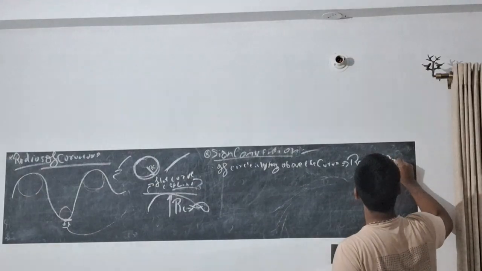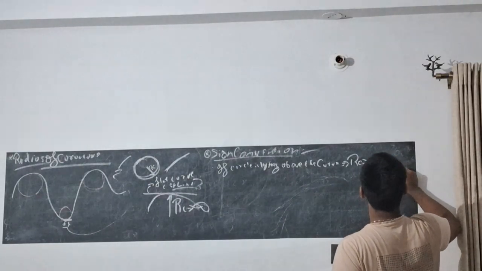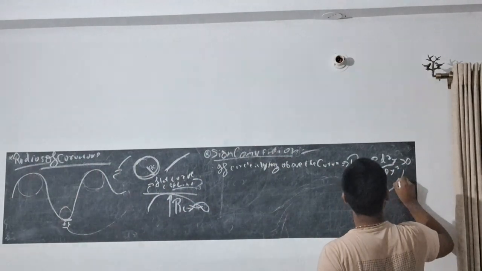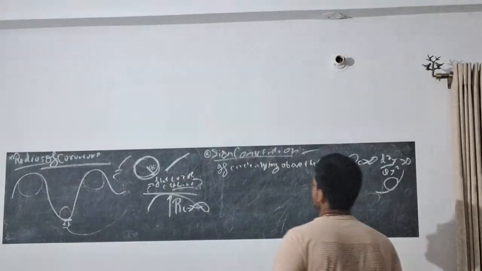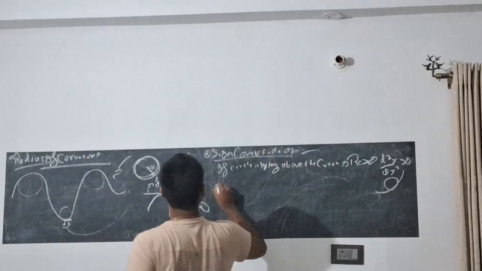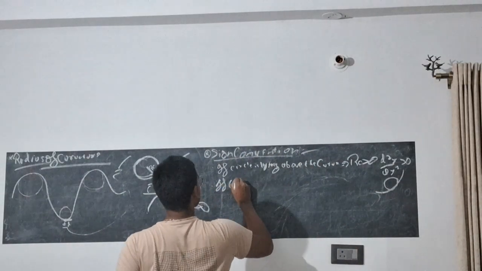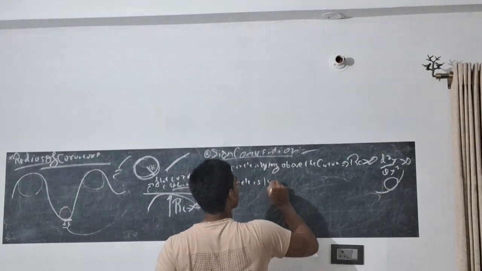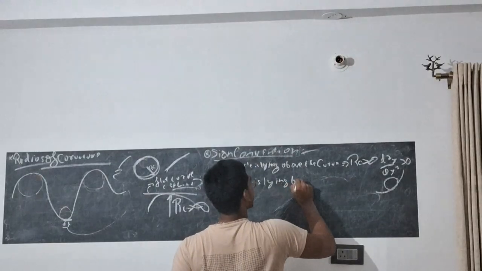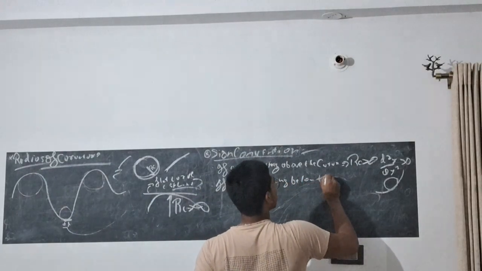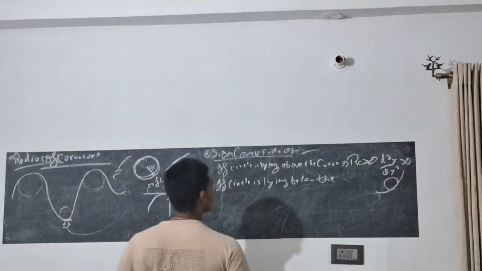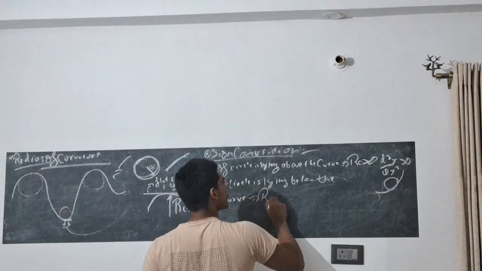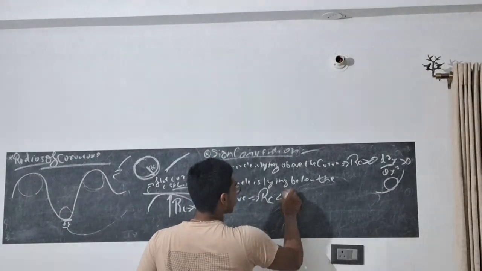And the double derivative of the function would also be positive. Here is an example. See. And if the circle is lying below the curve, radius of curvature would be negative.